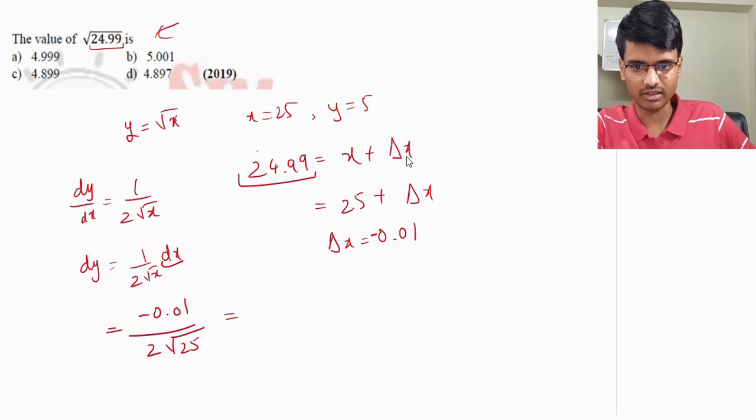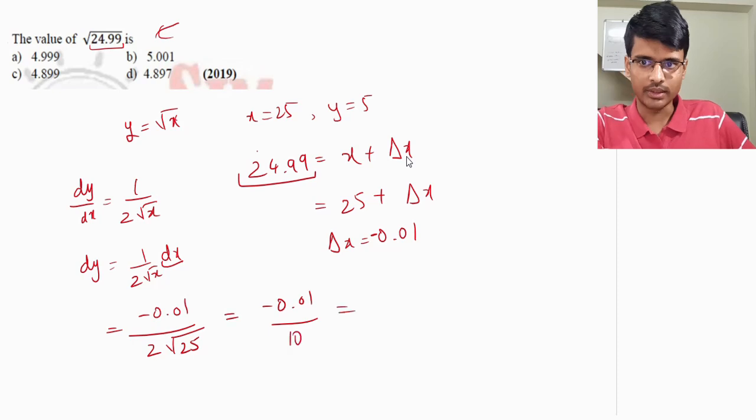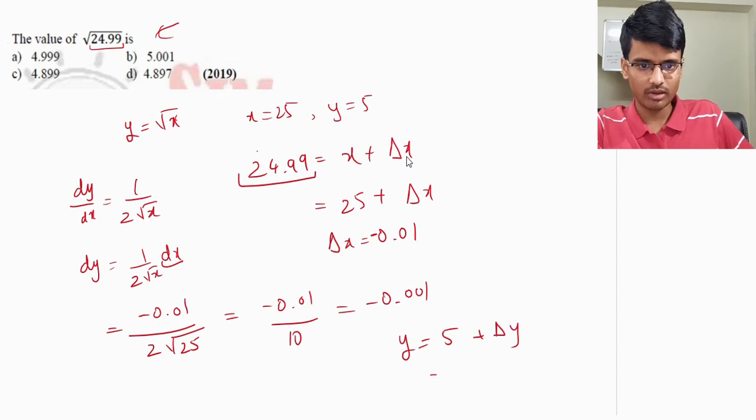I get minus 0.01 divided by 10. So I get minus 0.001. So what is my y? Y is equal to 5 plus delta y. What is my delta y? Delta y is minus 0.001. So it is nothing but 4.999. The correct answer is option A.